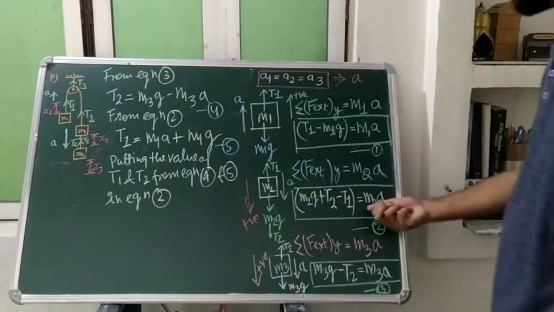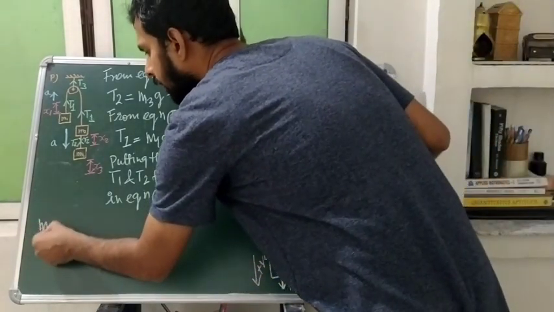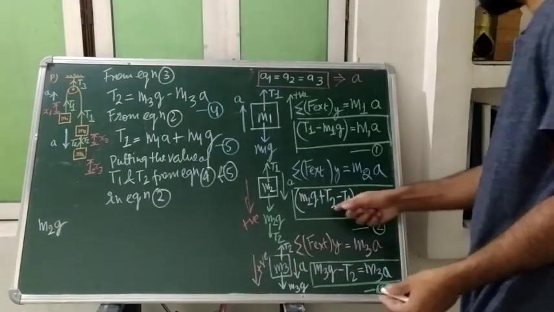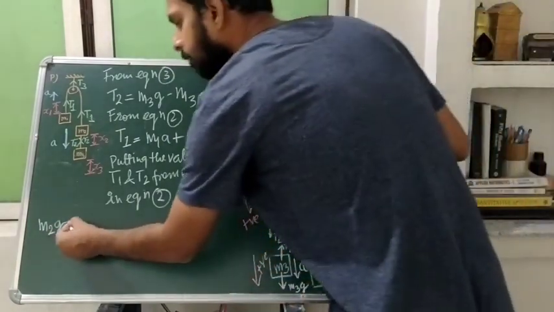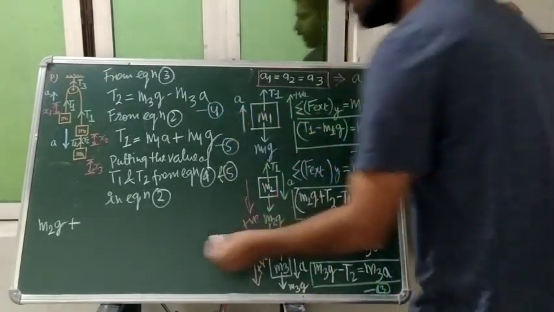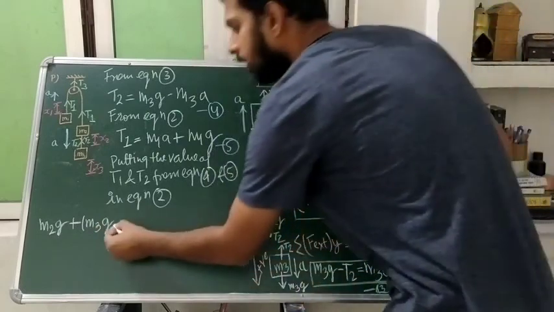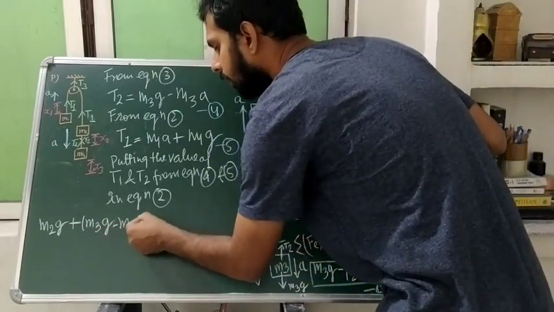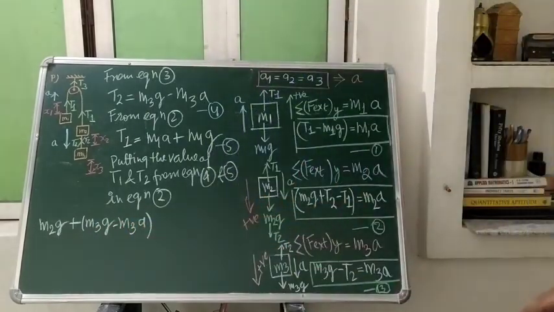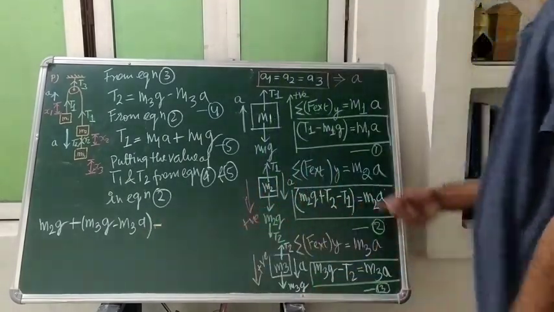So when you put it in equation number 2, what will come out? M2G, at the place of T2, what will you write, student? It is plus T2. What is T2? M3G minus M3A, and minus T1.